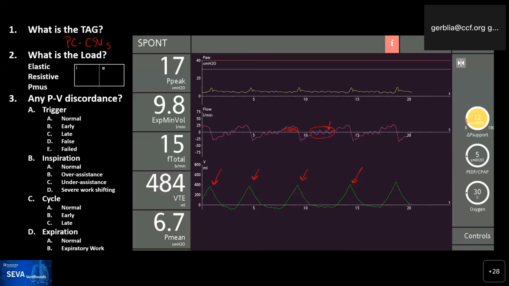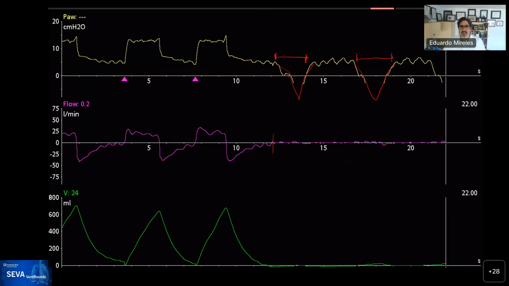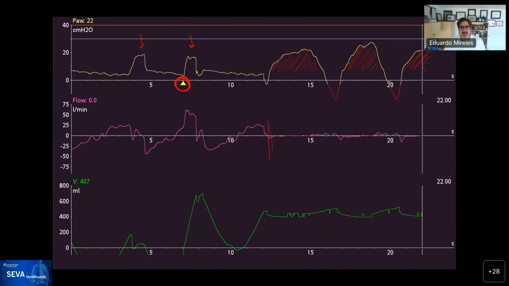I think he was bearing down and then would try to take the breath in, and because he was bearing down and the pressure was high, the ventilator was getting fooled by it and was unable to trigger from all the effort the patient was doing. This is as close as I have to an image of what was happening at that moment. But it became very evident when we did the pause and changed the trigger: this went away and the patient became synchronous, calm and in better shape.